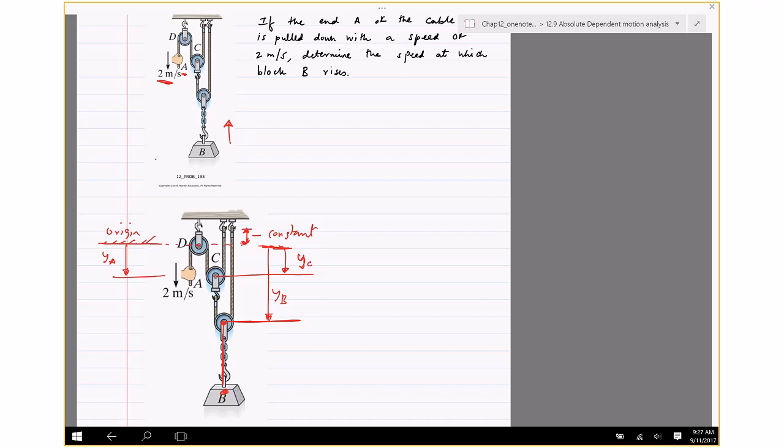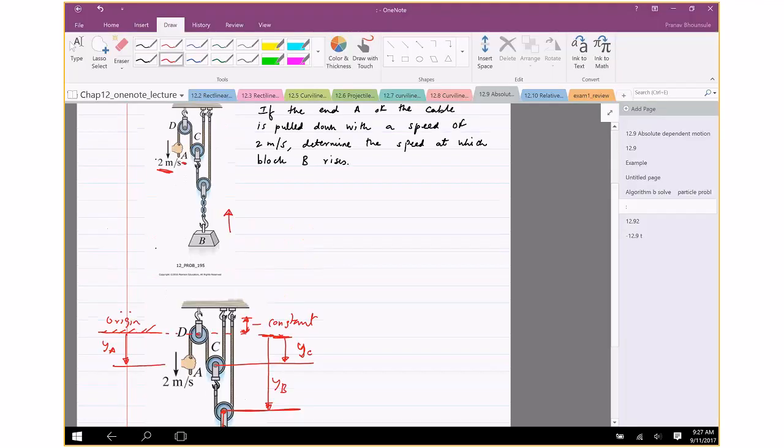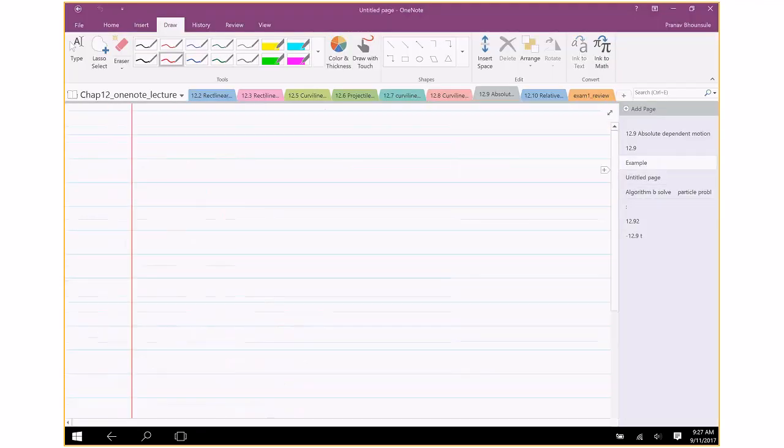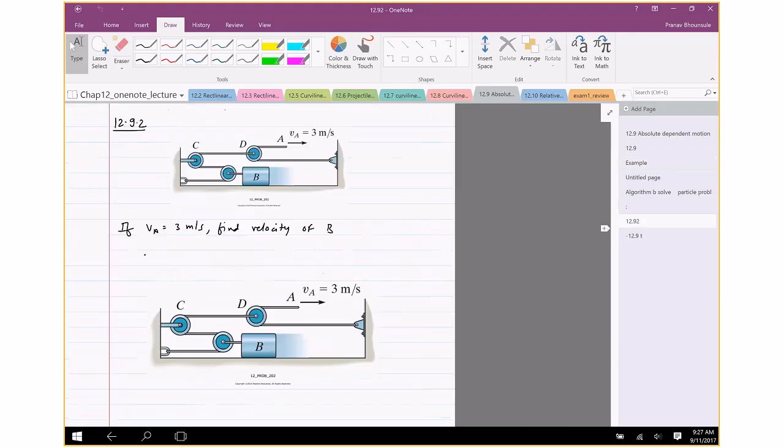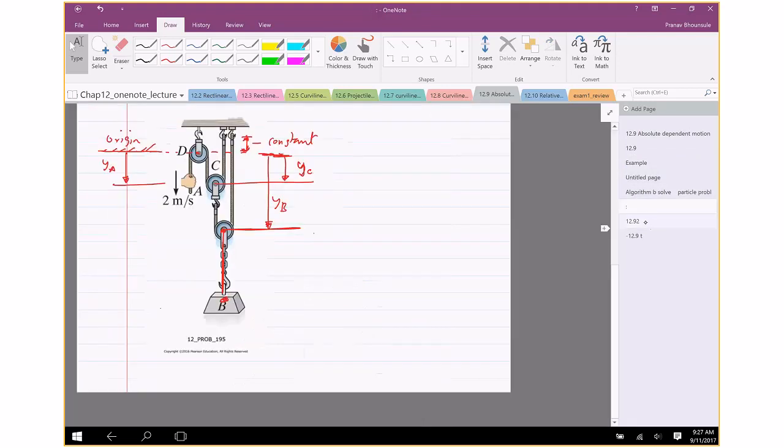In the previous problem, there was just one cable wrapping around, right? There was this one and that one, but that just stayed constant. Well, it was not really changing length. Here, this and that will change, but there was only one string. So I've written one expression. Now, in the second problem, which I'm doing, I have two cables.